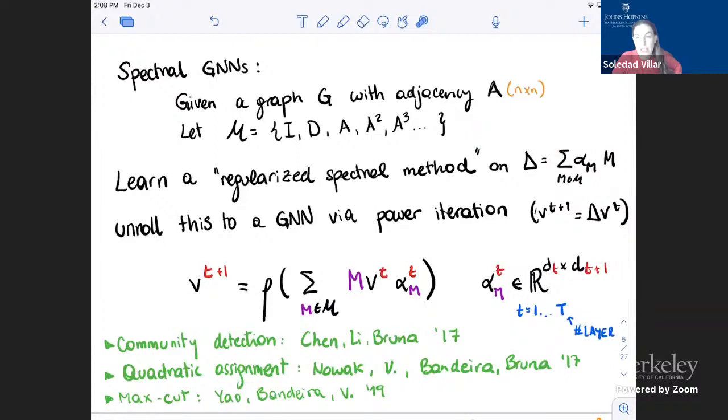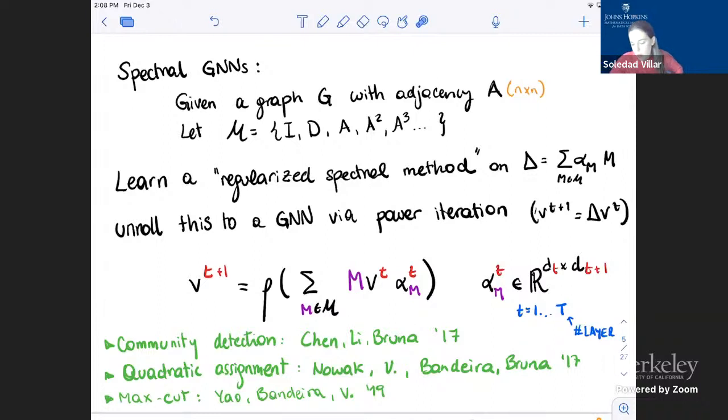And then I'm going to take the top eigenvector, or the top k eigenvectors, of this regularized spectral method. If you are familiar with the work on community detection using optimal spectral methods, like the Bethe-Hessian spectral methods, this idea of using learning methods in this form comes from that specific work in community detection.